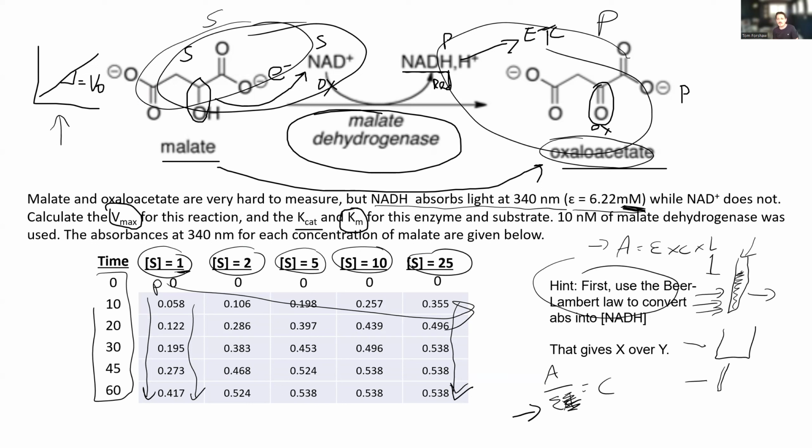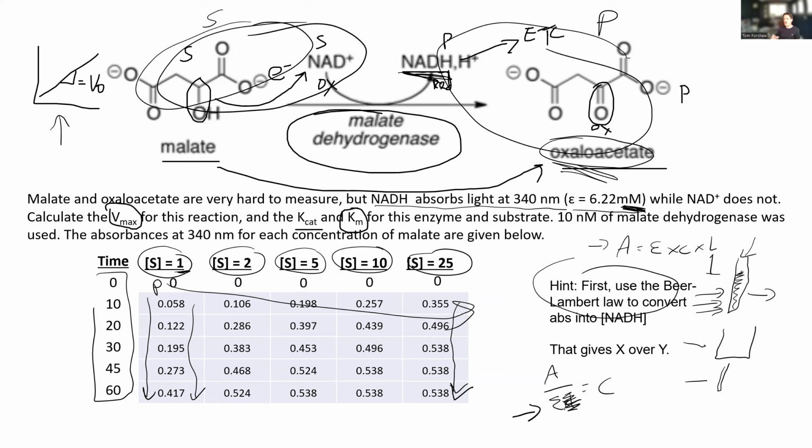I would say you would look for the increase in product over time. You want a product which is visible by spectrophotometry, either because it contains NADH or another product which is visible by spectrophotometry, and you would look at the increase in product over time, using the Beer-Lambert law if necessary.